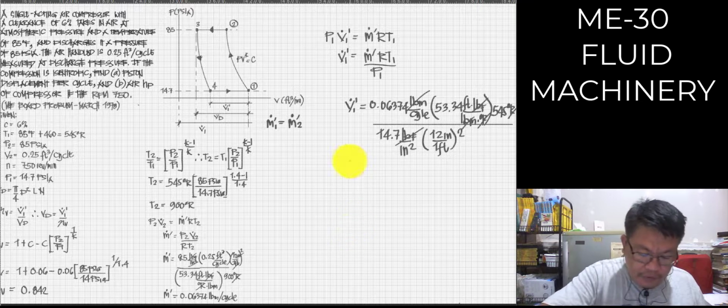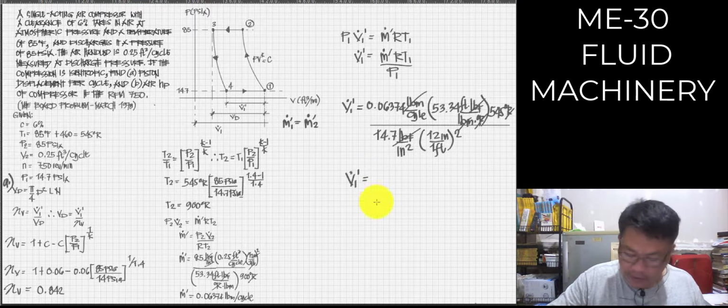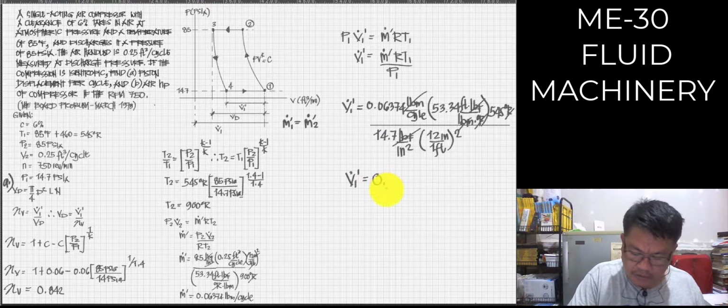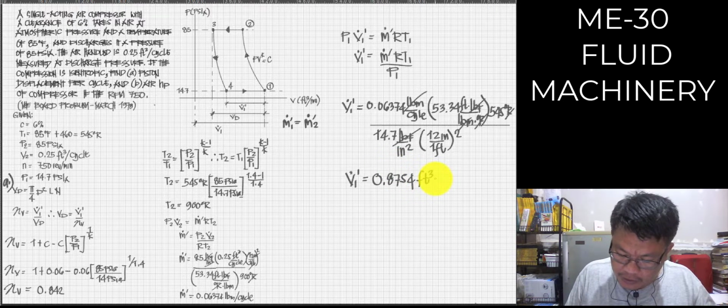So finally we have the answer for your V1 prime, the volume flow rate, which is 0.8753, or 0.8754. The unit will be cubic feet per cycle.